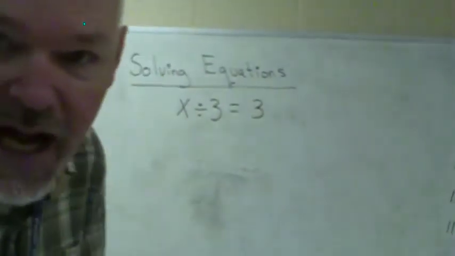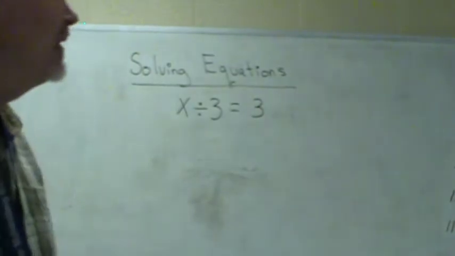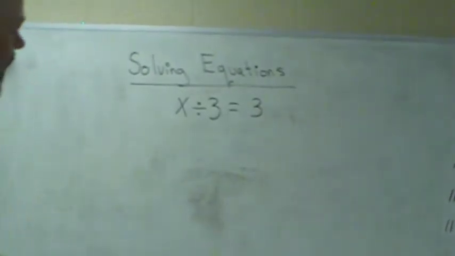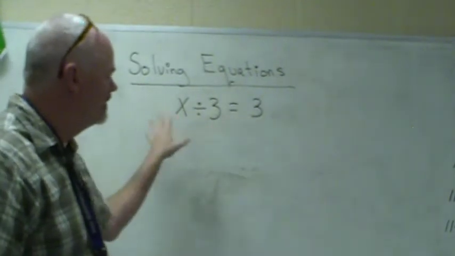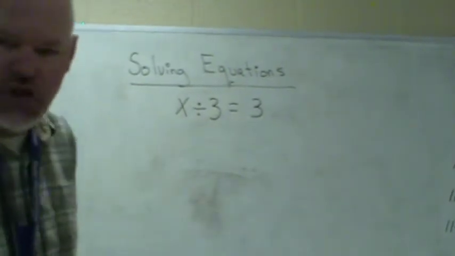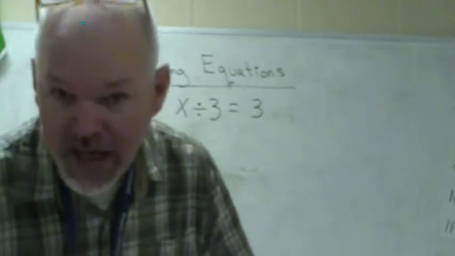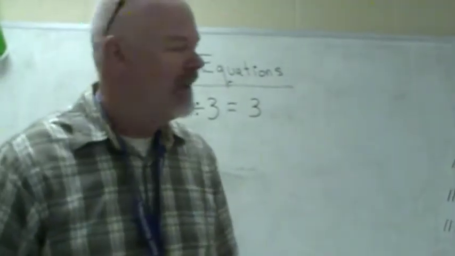Now, I want to know what x is. Some of y'all are smart enough to figure out what number, if you divide it by 3, equals 3, you can figure that out in your head. But I'm going to show you a way to do it where you're always going to get it right. And you can check yourself, all right?